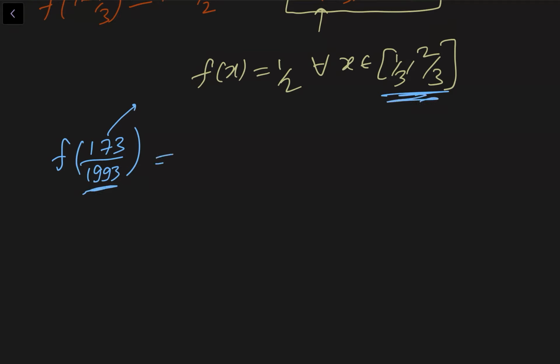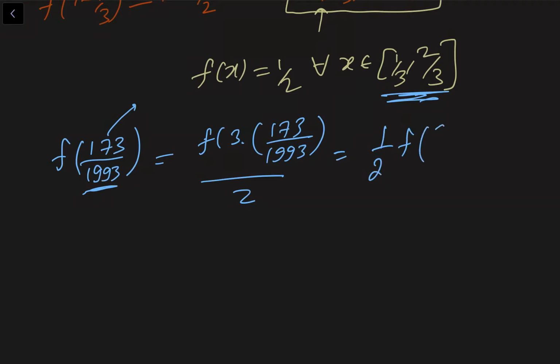So we will use equation number 1. I can say that this is equal to f of 3 times 173 divided by 1993, divided by 2, which comes out to be 1 by 2 times f of 519 divided by 1993.